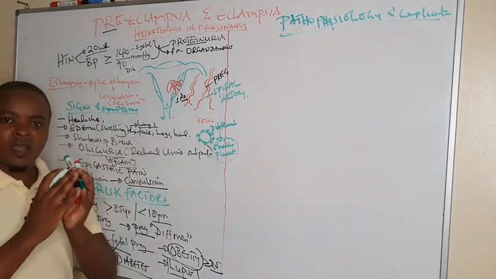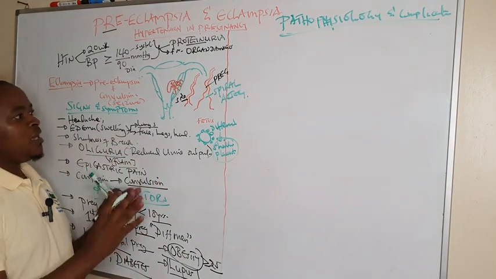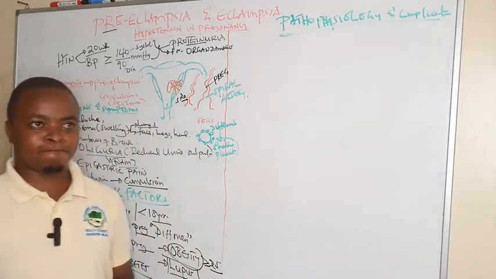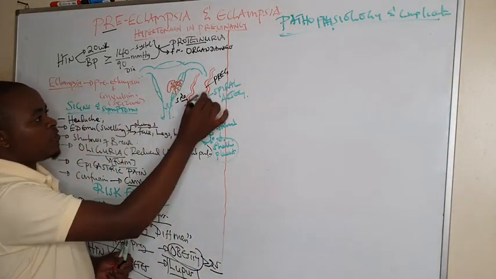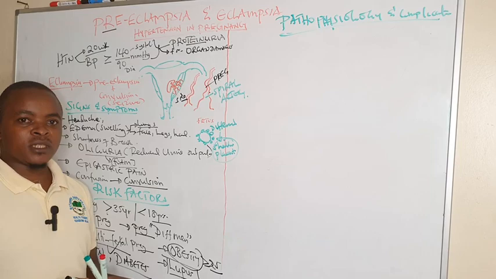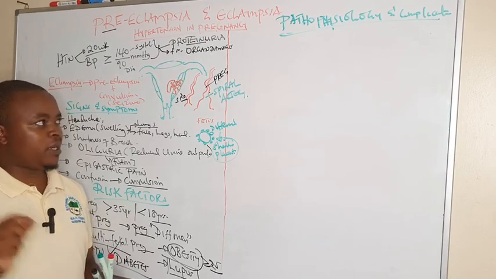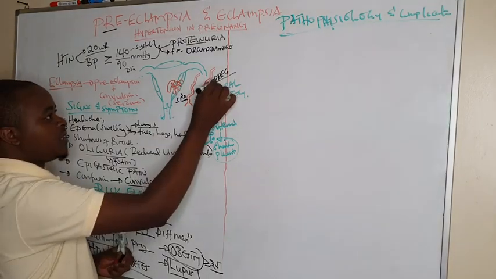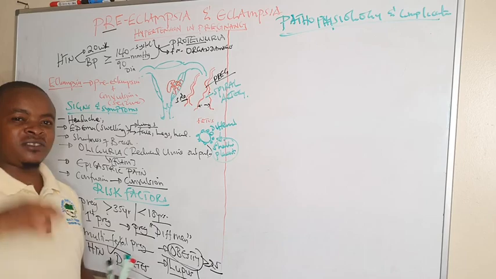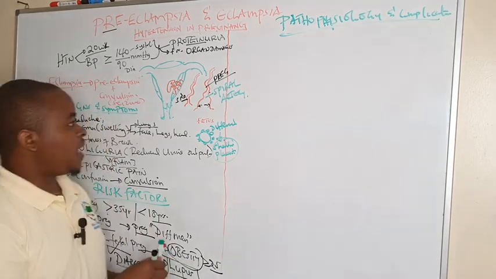There is what we call arterial remodeling, whereby it dilates to increase blood supply to the fetus. So these spiral arteries within the endometrium and the myometrium supply the fetus via the placenta, and during pregnancy, they dilate or increase in size so that there is increased flow of blood to the fetus.